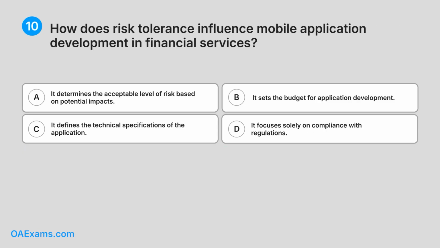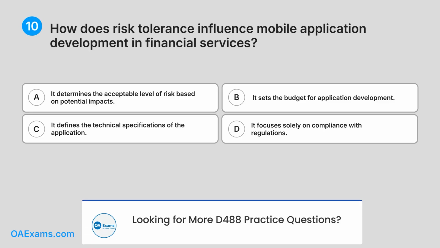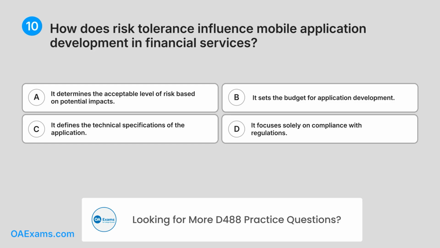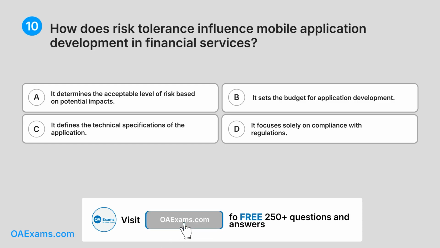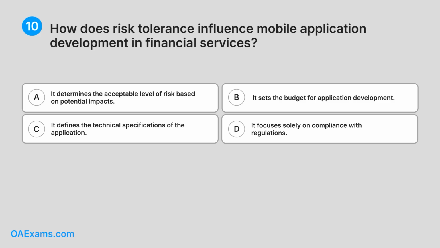10. How does risk tolerance influence mobile application development in financial services? A. It determines the acceptable level of risk based on potential impacts. B. It sets the budget for application development. C. It defines the technical specifications of the application. D. It focuses solely on compliance with regulations.